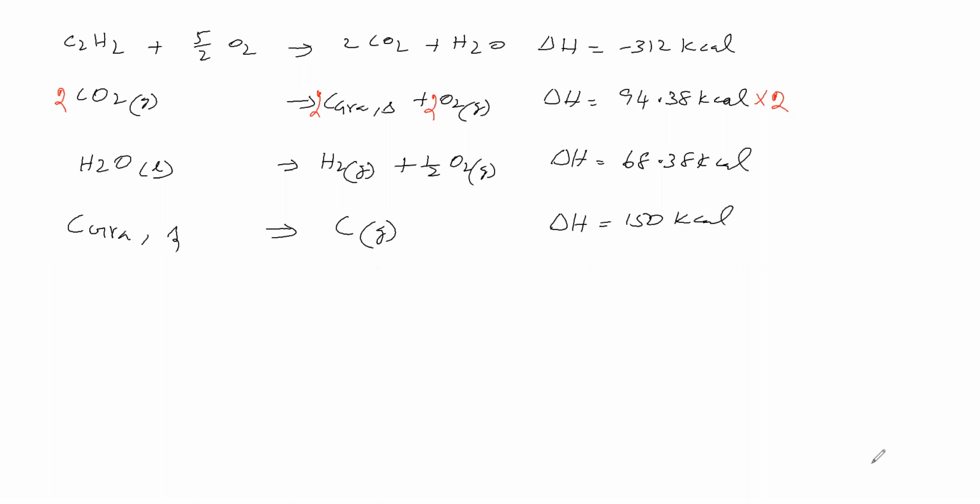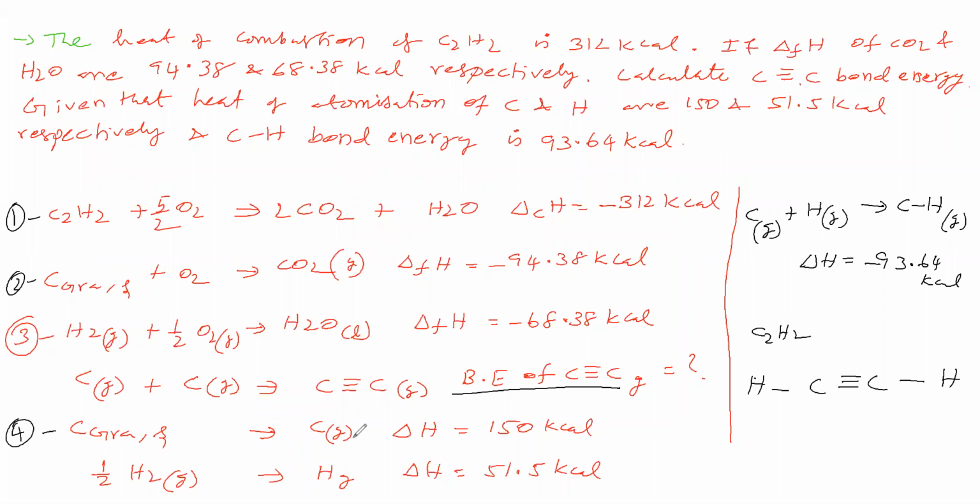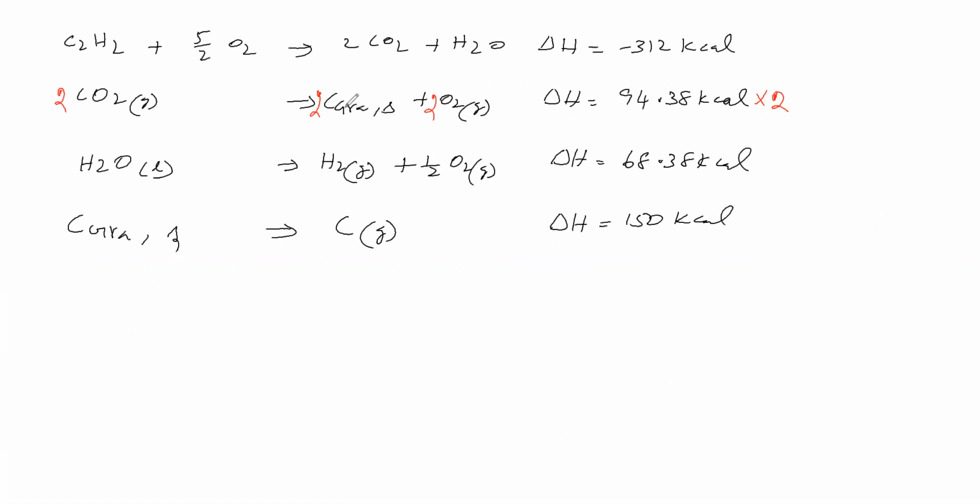Here graphite is present two times, but here one time. So let us multiply this equation by 2: graphite two times, gaseous carbon two times, and delta H also multiplied by 2.